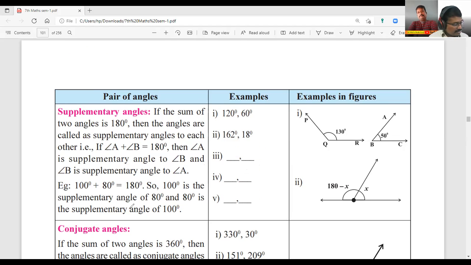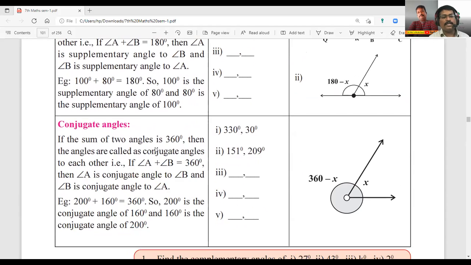Next, another pair of angles are conjugate angles. I'm going to clear all the drawings. Okay, Nana?